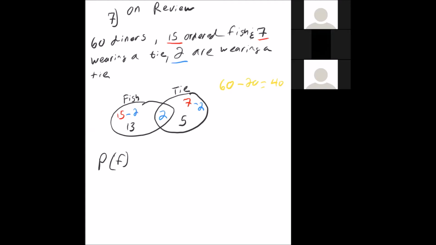What would be your operation? I guess I would add. That's correct. So with or, you're adding, and is multiplying. So I'm going to say plus the probability of a tie, wearing a tie. So T here.